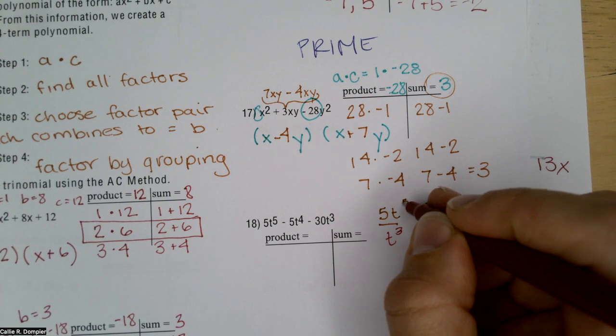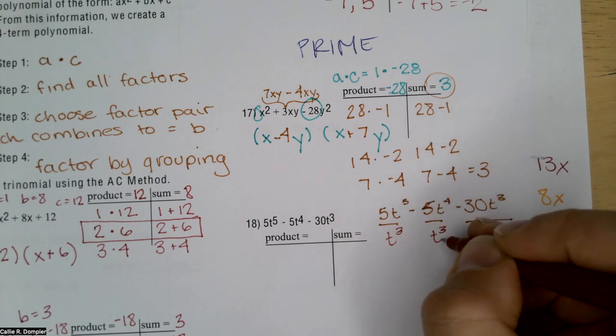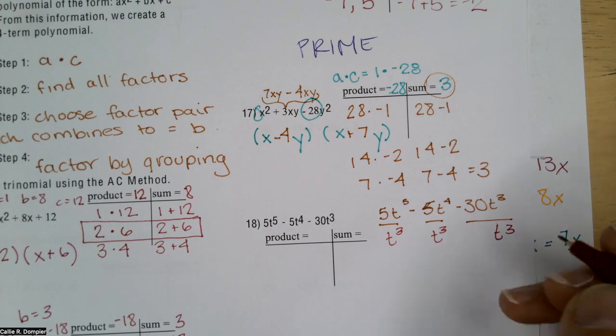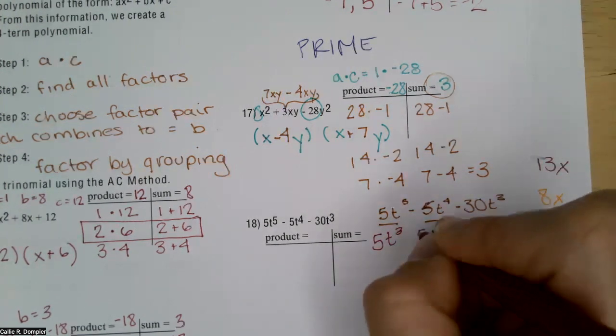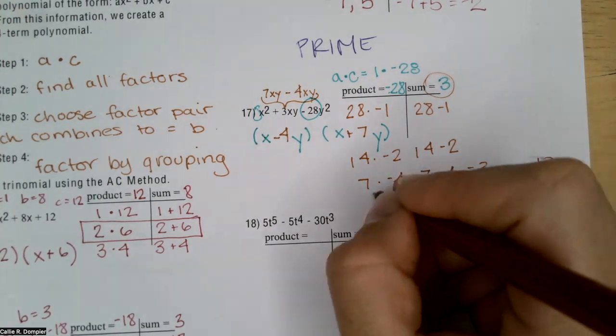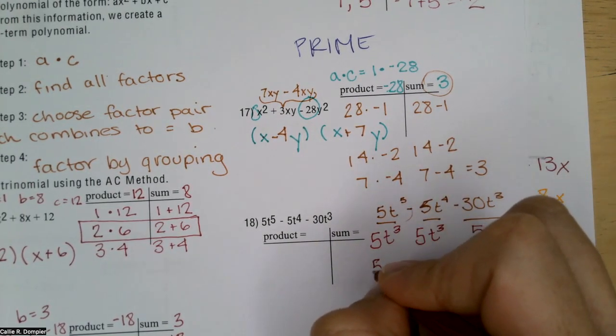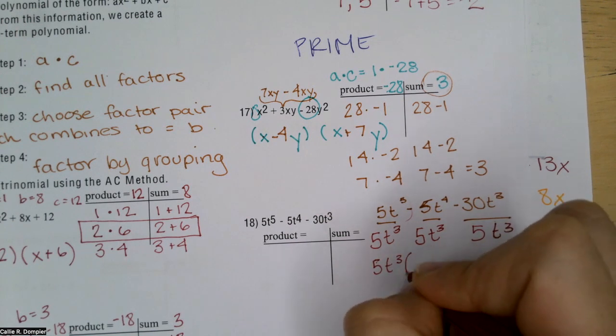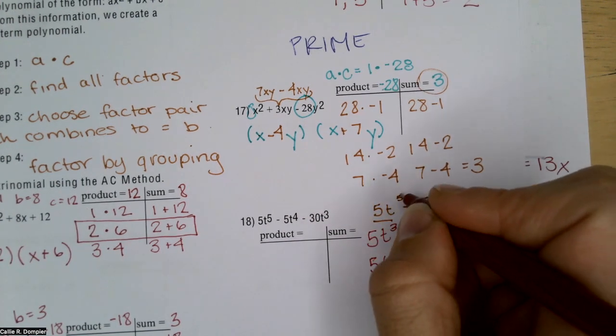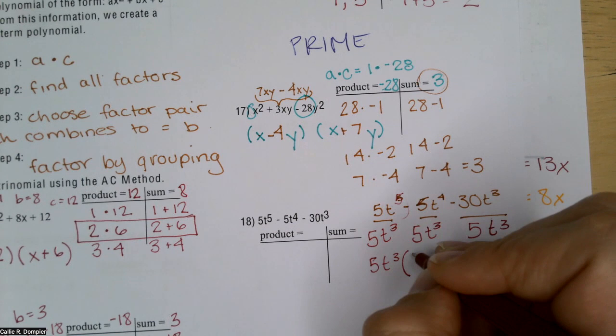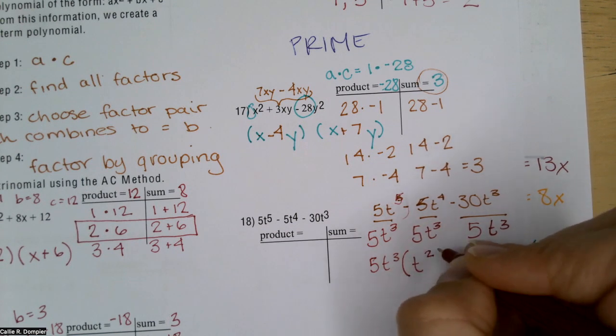t to the 5th divided by t to the 3rd, t to the 4th divided by t to the 3rd, t to the 3rd divided by t to the 3rd. And furthermore, a 5, right? Again, you always want your first term positive, so make sure it's a positive 5t to the 3rd. So 5t to the 5th divided by 5t to the 3rd leaves me with t squared.